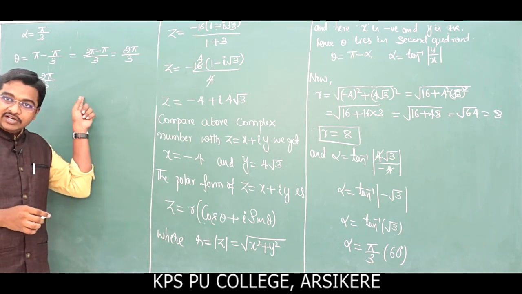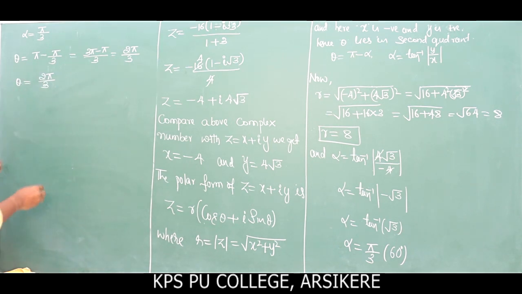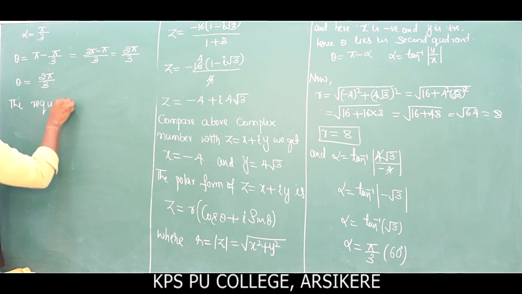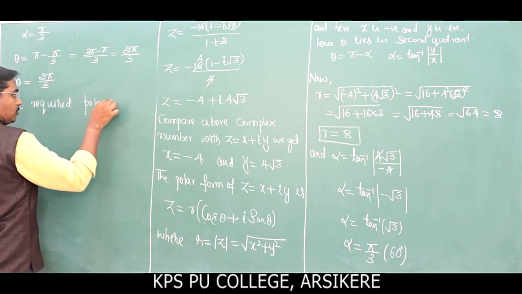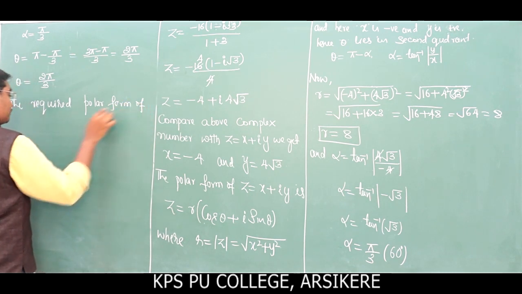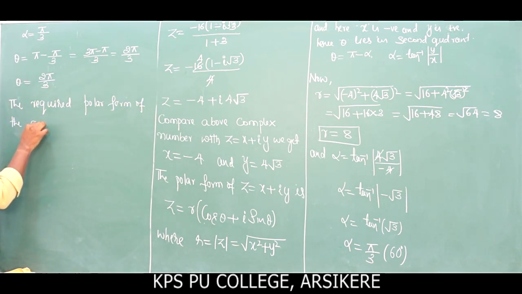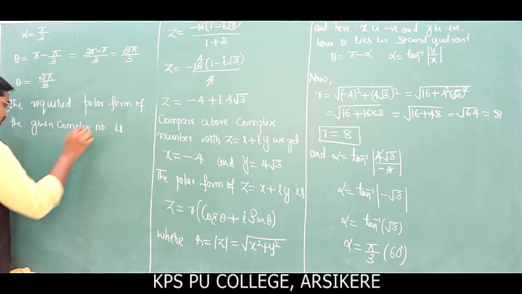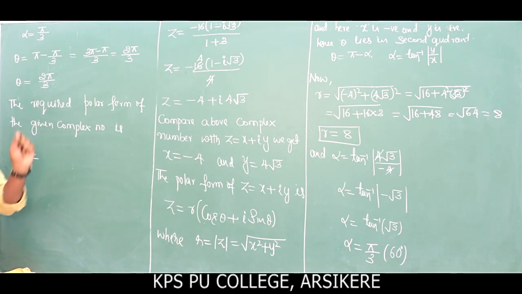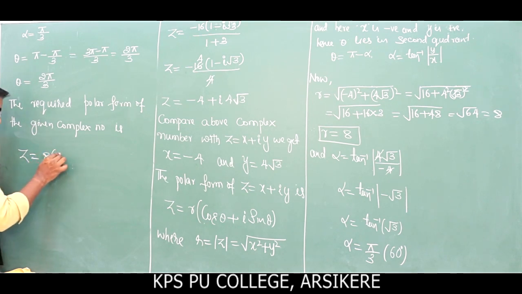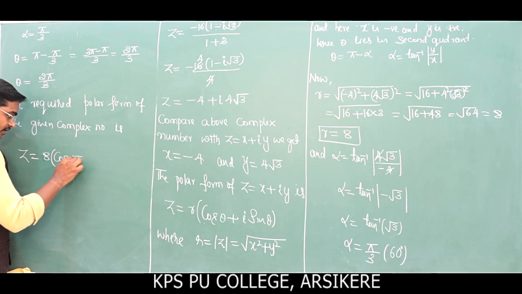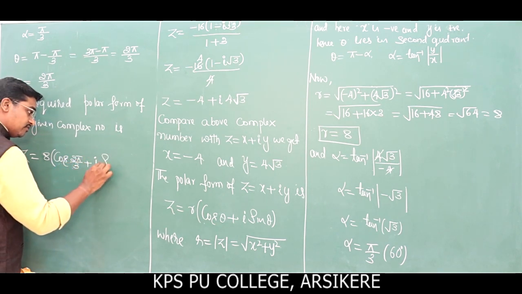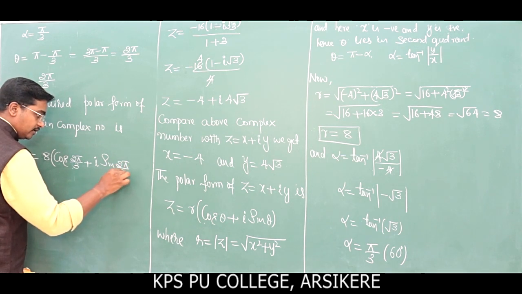Did you understand, children? So theta is equal to 2 pi divided by 3. Therefore the required polar form of the given complex number is, now write z is equal to, what is r, what we have, r is equal to 8 times of cos of 2 pi by 3 plus i times of sin of 2 pi by 3.